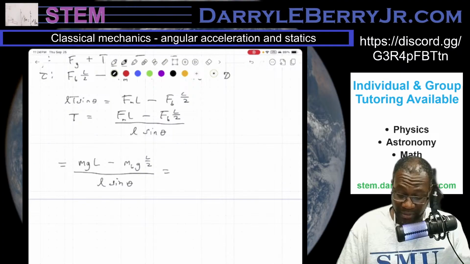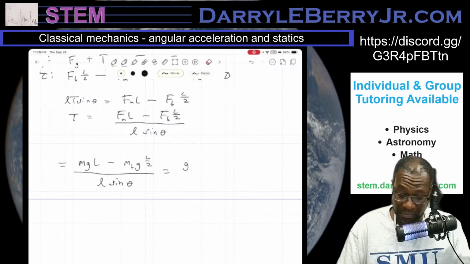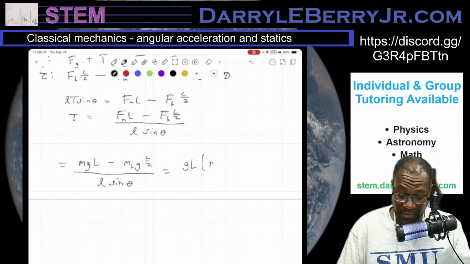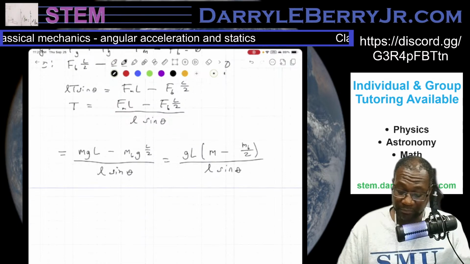So we have g, L, M minus M_B over 2, divided by L sine theta.